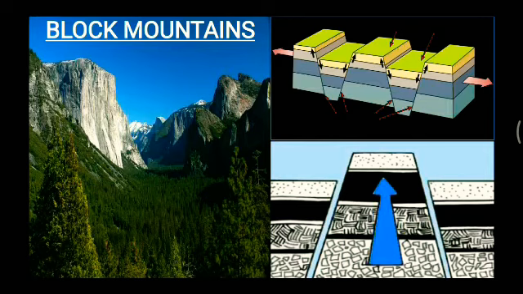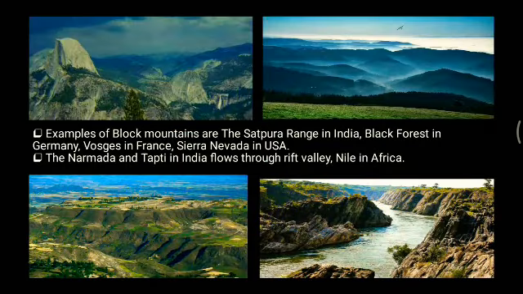Now the uplifted part of the land is called the horst or the block mountain. Examples of block mountains are the Satpura range in India, the Black Forest in Germany, Vosges in France and Sierra Nevada in the USA. So all these are examples of block mountains.